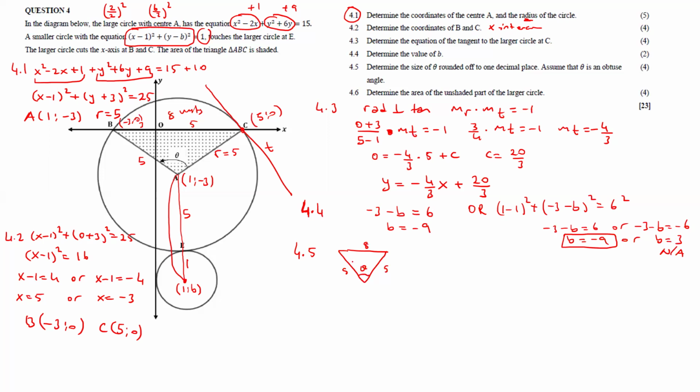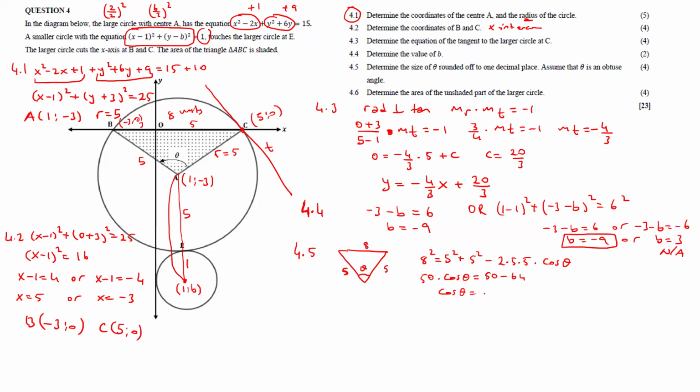Theta is here. In any triangle, if you know the three sides, you can always work out the angles by using the cosine rule. If you look at the formula sheet, you'll see that 8 squared is equal to 5 squared plus 5 squared minus 2 times 5 times 5 times cos theta. Then this will be 50 cos theta is equal to 50 minus 64.